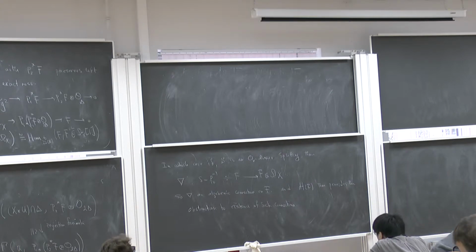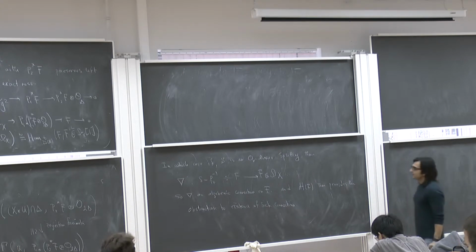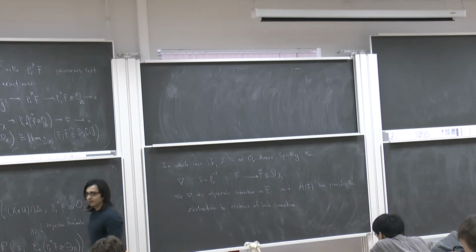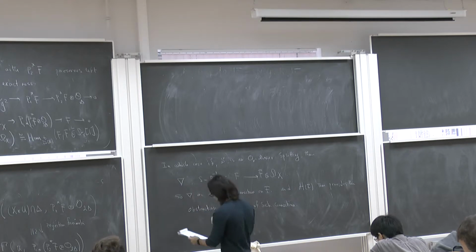So this is the classical Atiyah class, and in fact, it doesn't matter if you're replacing F with any complex of locally free sheaves.